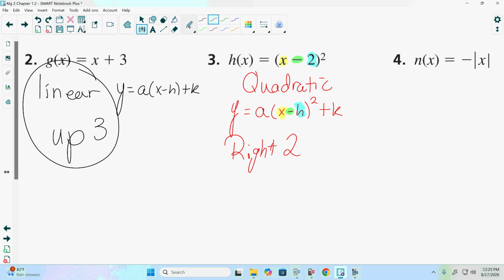Questions on the first two before we look at number 4? What's the parent function? Absolute value.